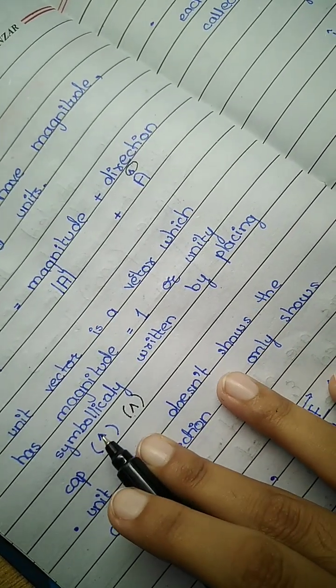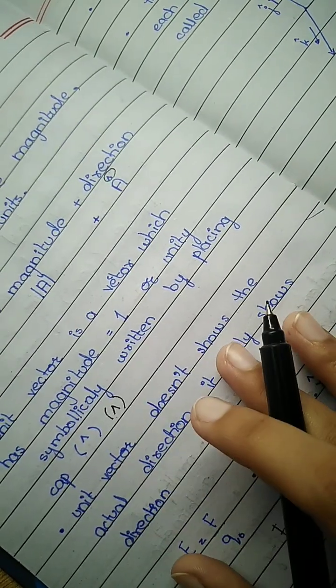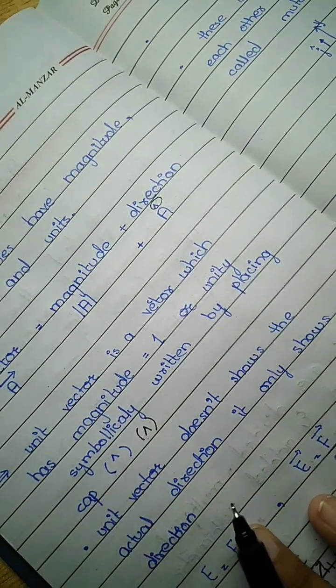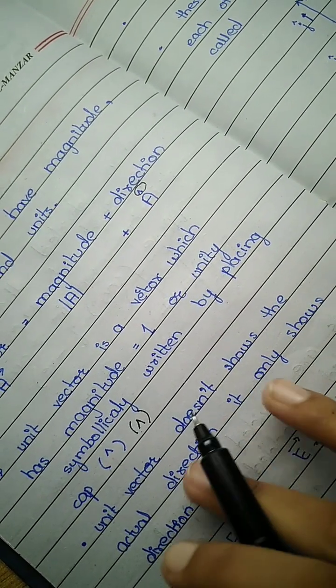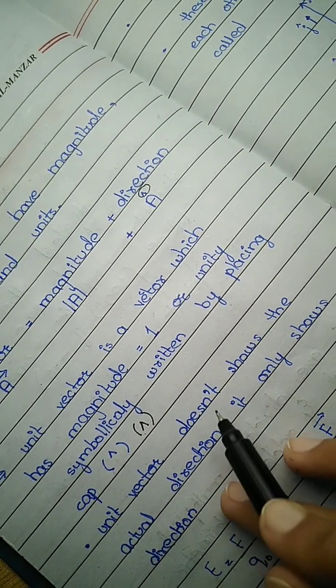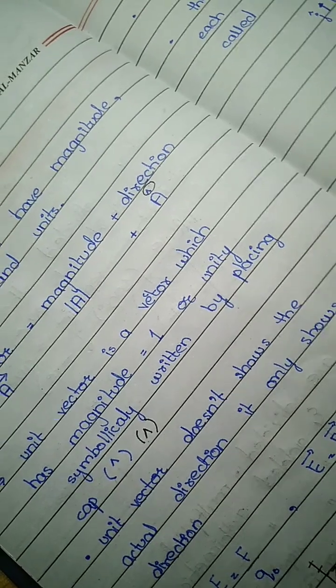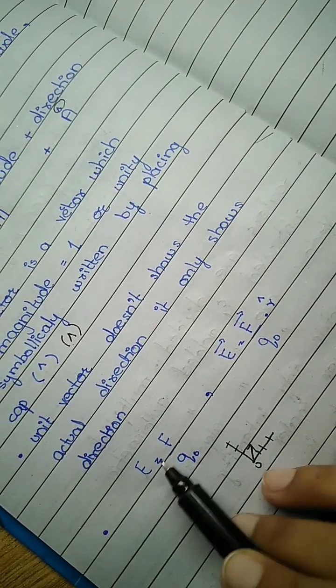The cap is written to show the unity, and it does not affect the quantity or the magnitude. It is used to show the unity of the direction. Like we identify that this is a vector quantity, it has direction, so for that we use the unit cap. Now here are some examples.